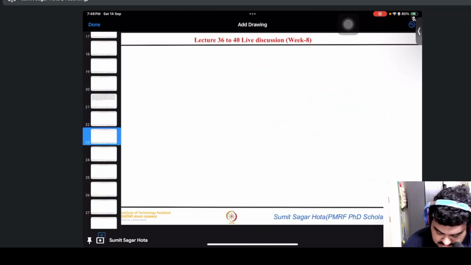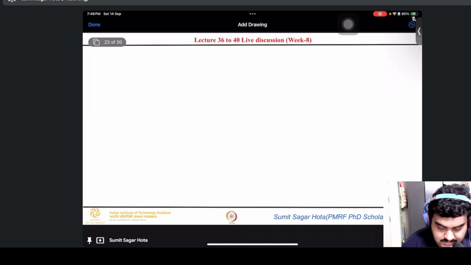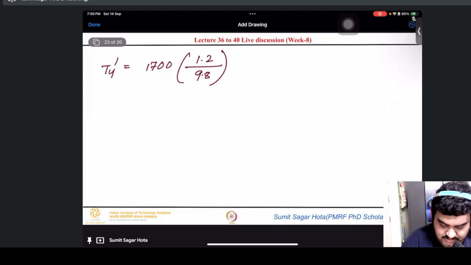Let's find out the T4 dash then. T4 dash is equal to 1700, which is your T3, P2 dash is your 1.24 bar, this is your P3, 9.8 bar, gamma minus 1 is 1.33 minus 1, 0.33 by 1.33.